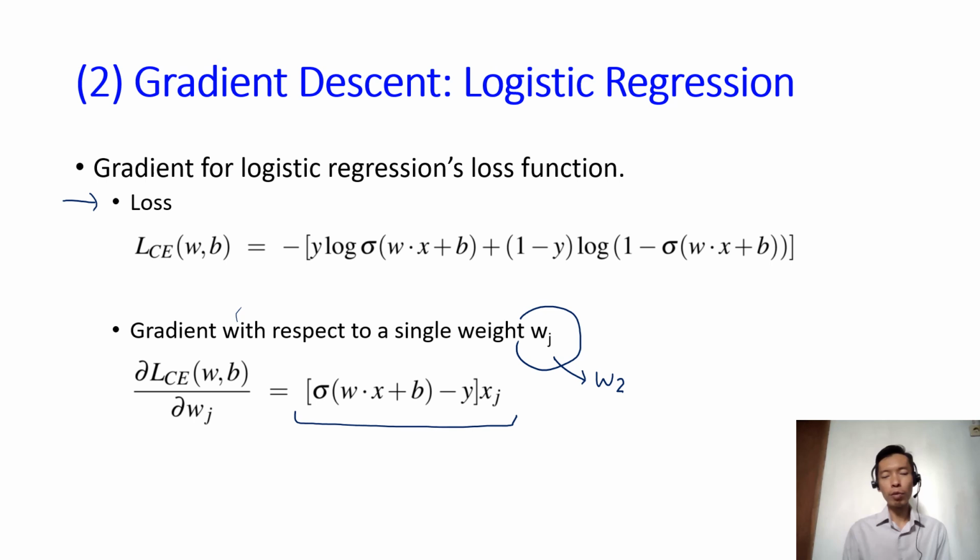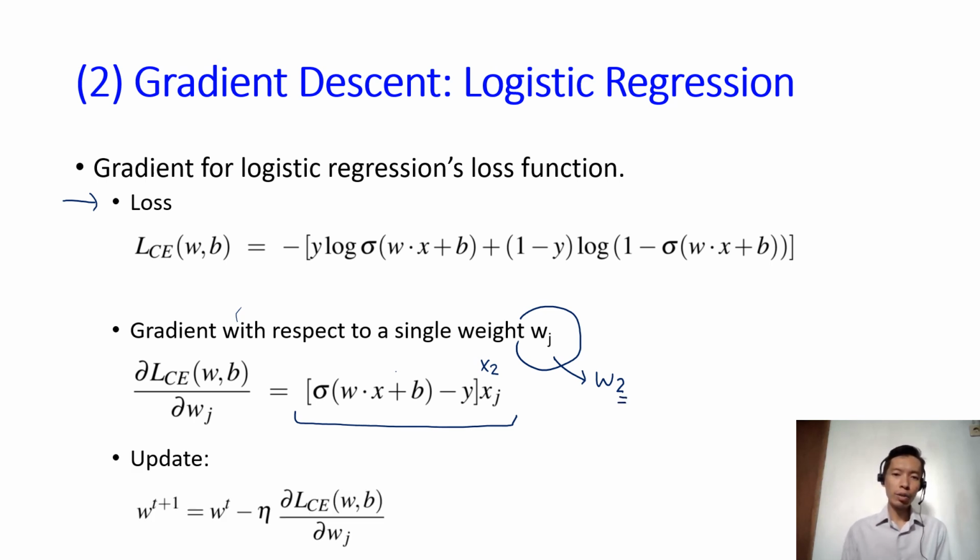This formula becomes sigma of Wx plus b minus y, times x2, because we're updating, for example, W2. The complete update is that this is our old W minus the eta constant, let's say 0.1, times this gradient. And this gradient is given here.